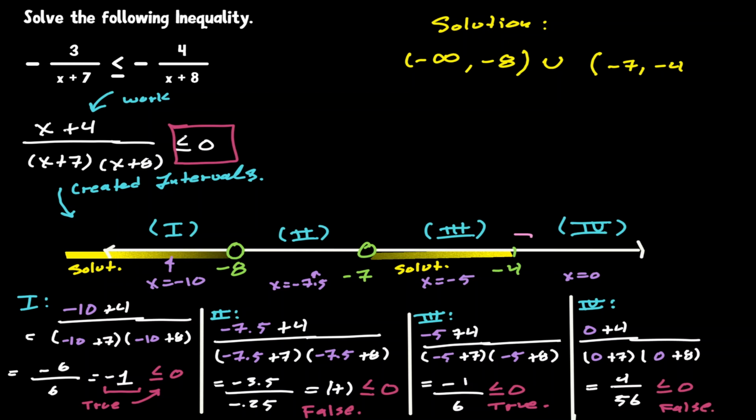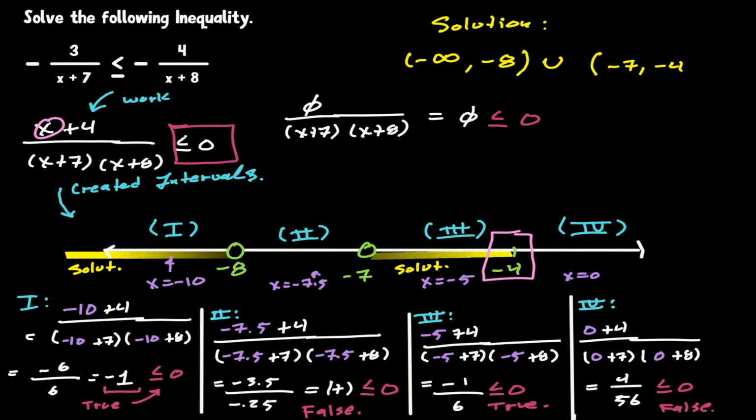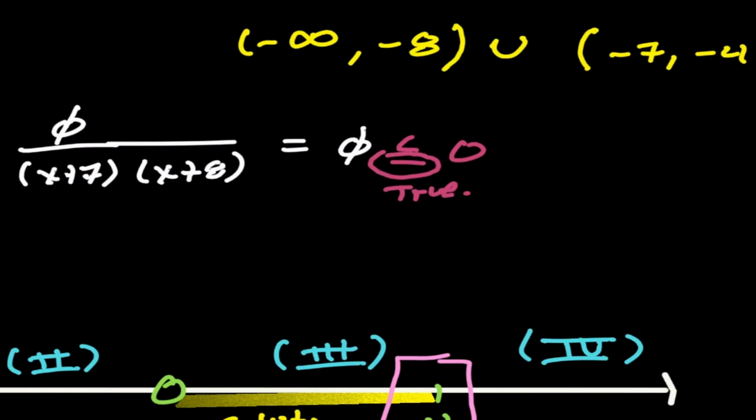So now let's test the last endpoint, -4. Is it okay to use -4? Well, when we plug it in, we're going to get 0 divided by whatever value we obtain on the denominator. We don't care, because this is going to be equivalent to 0 regardless. Well, is 0 less than or equal to 0? Well, it is true, because this time we are using the equal sign.